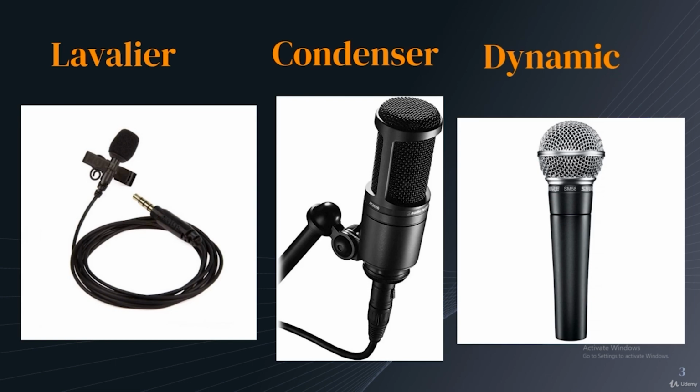You don't need to know exactly how they work, but just know that dynamic mics usually cost more because they are better, because they filter out your environment a bit better. For example, at concerts and big venues, dynamic mics are used, not condenser mics. Condenser mics are usually the cheaper versions of the dynamic mics, and they work very well in well-treated rooms. That's all that you need to know between dynamic and condenser mics.